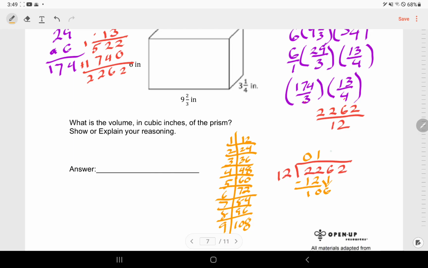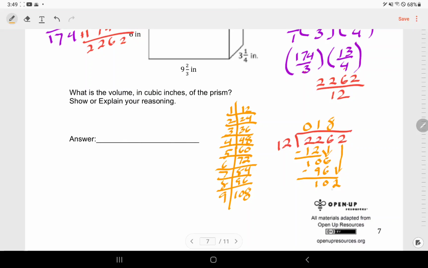So 8 times. 8 times 12 is 96. So we line it up from the right. 6 minus 6 is 0. 10 minus 9 is 1. Bring down the 2. And so again, it's how many times does it go in without going over?